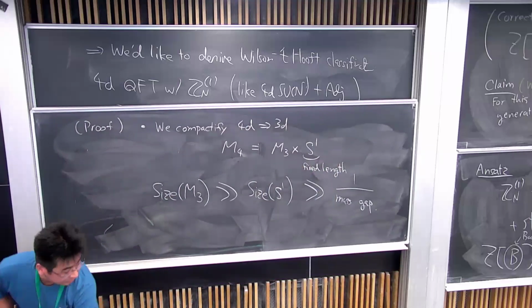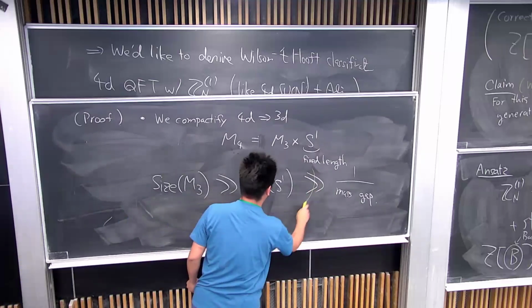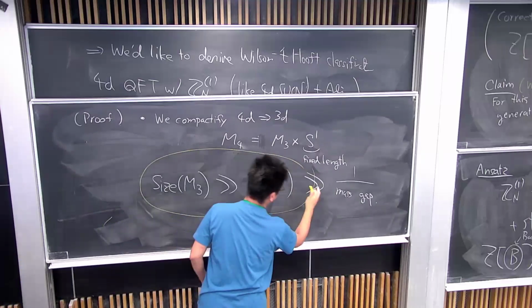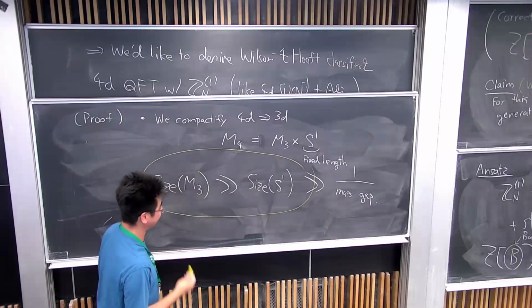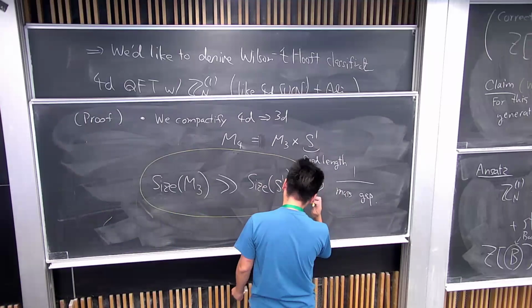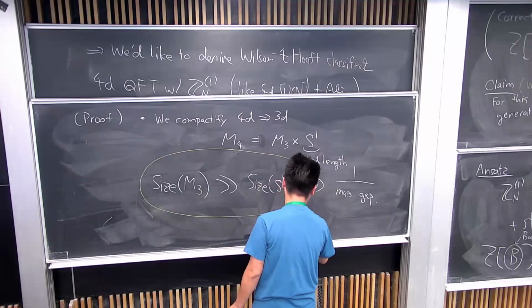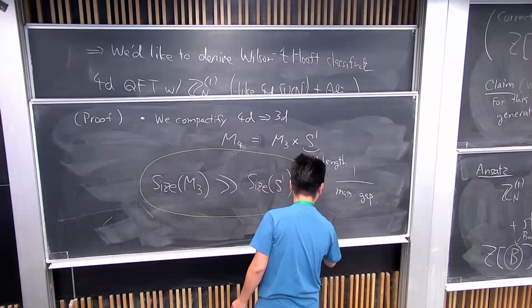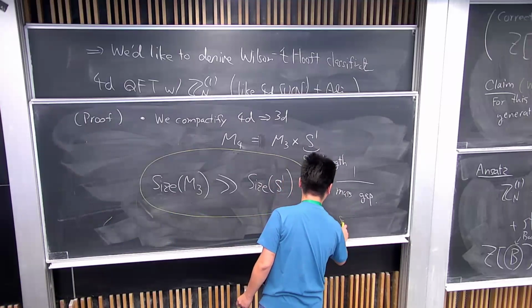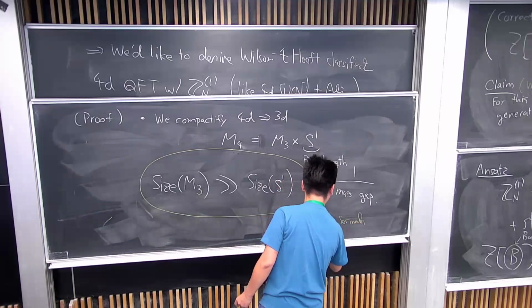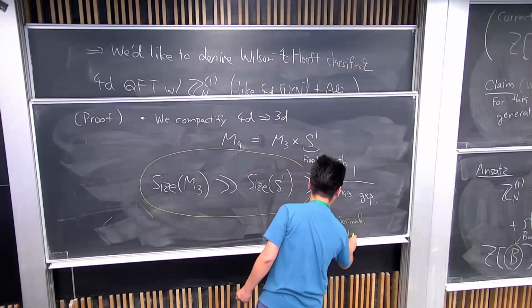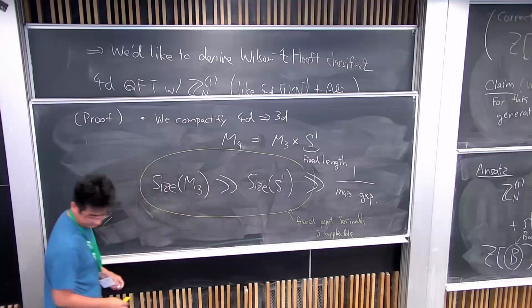This large inequality between the mass gap and the other directions of the manifold is important so that the fixed point formula is applicable to evaluate the partition function in this system.